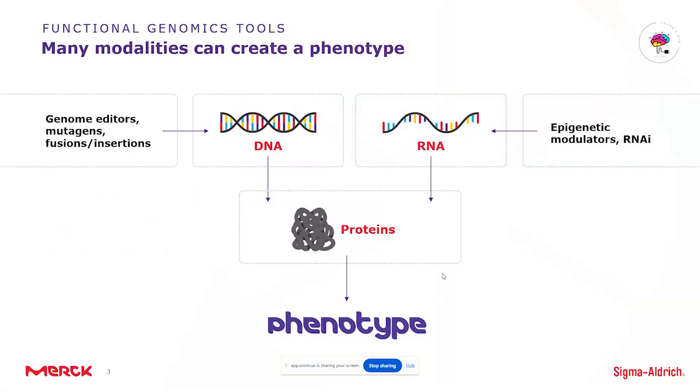between genotype and phenotype. Of course, we usually start with DNA, looking for the mutations and inducing mutations using the genome editors, mutagens, fusions, insertions, RNA, looking at the epigenetic modulators, and then looking at the effect on protein.